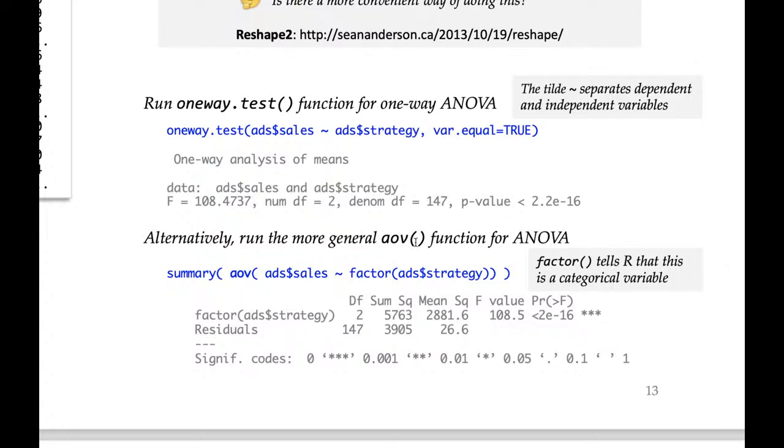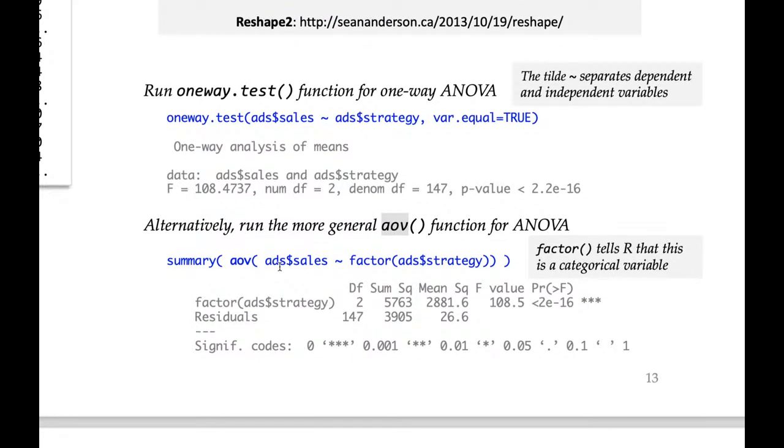There is another function that does something similar. It's called AOV. It's more powerful, and I think we will see it maybe next week in class. AOV is for analysis of variance, and it's got a similar form. You just say AOV, and you give it your model.